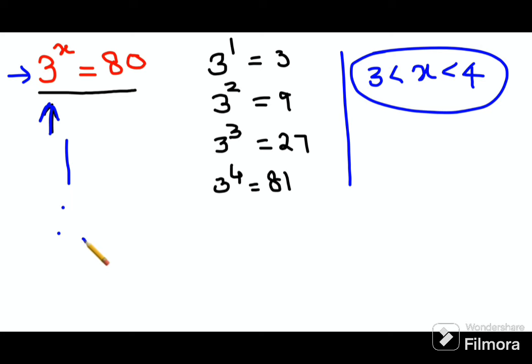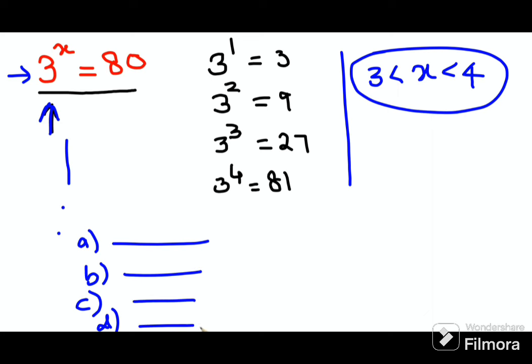Now imagine if you had options A, B, C, and let's say D, and the values were given and you had to choose from these options. One was 2 point something, one was 3 point something, one was 4 point something, one was 1 point something.